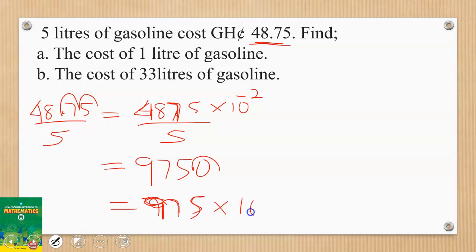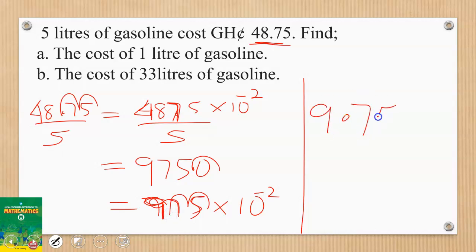Then I have my 10 to the power negative 2, which means I have to move the decimal point backwards twice. So I get 9.75. Now it means that for every 1 liter of gasoline, you pay 9 cedis 75 pesewas.